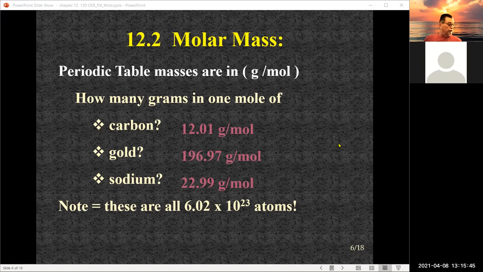1 mole of gold, 196.797 grams. Sodium, same scenario, 22.99 grams. All of these have the number 6.02 times 10 to the 23rd. And if we go to the periodic table, we can arbitrarily pick any element.